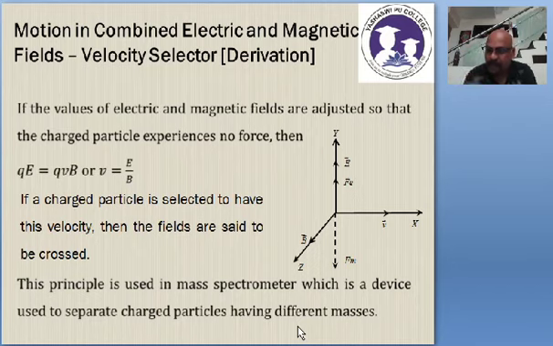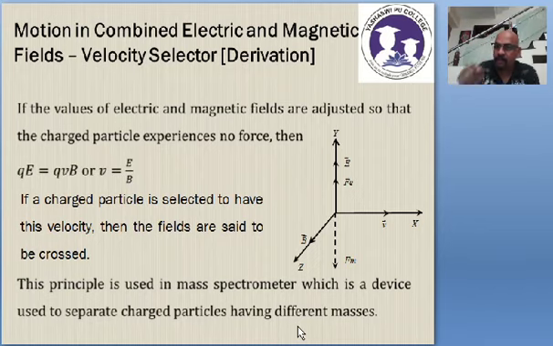That is Fe, the electric force experienced, which is equal to QE. That force is experienced along the positive y-axis.